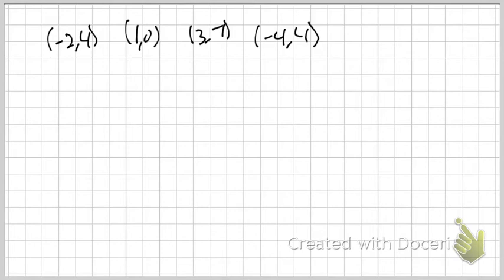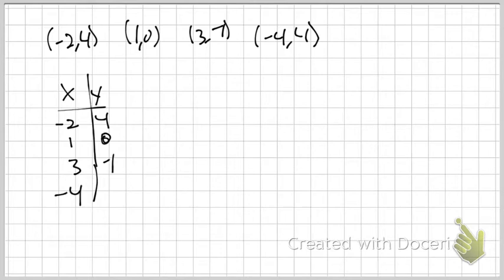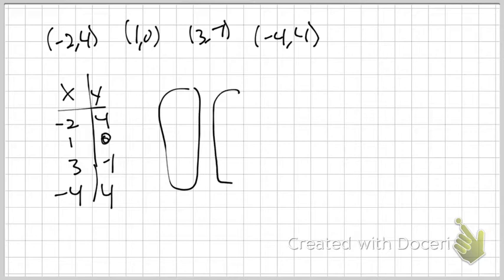For question number 2, it asks for a table, which would look like this: -2, 4, 1, 0, 3, -1, and -4, 4. It asks for a mapping diagram, which would look like this: 2, 1, 3, -4, 4, 0, -1.